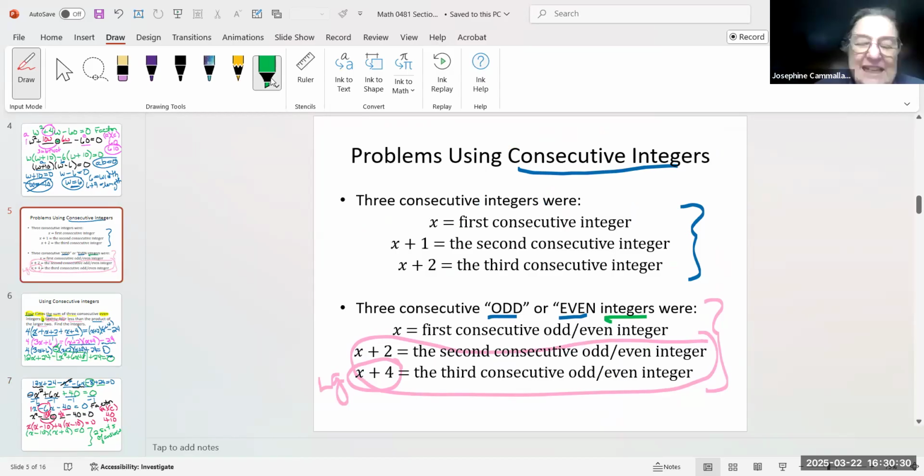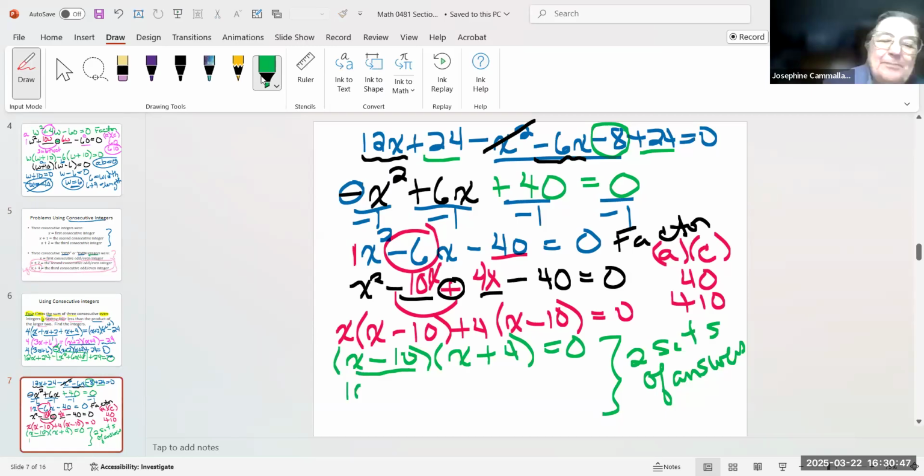This is why the reasonable part comes in. Integers are positive and negative numbers. Well, if I take this, I'm going to get a positive 10. Add 2, positive 12. Add 2 again.